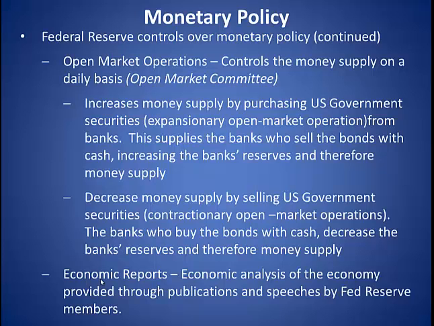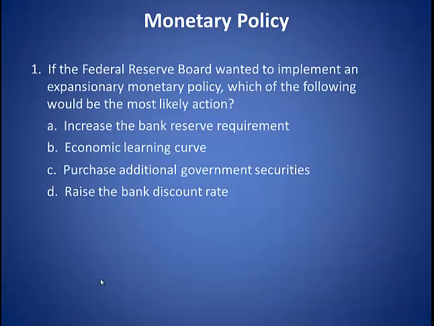Another area that the Federal Reserve uses to help provide control and guidance to the economy is through their economic reports. These are various economic analyses of the economy provided through a number of publications issued by the Federal Reserve and also by speeches by Federal Reserve members.